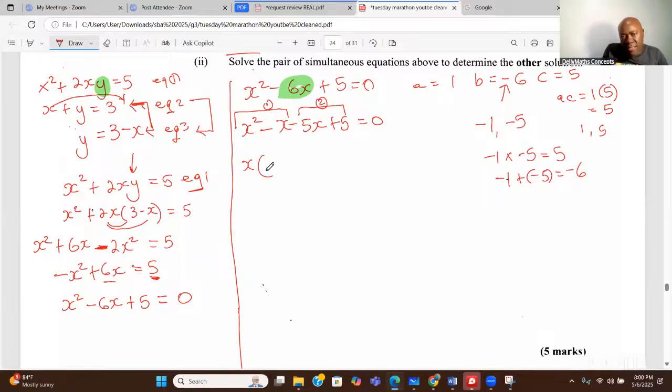I'm showing you everything that I skip. You'll divide this by x, then you divide that, so you're going to have x minus 1. And then for the other two, you'll take -5. So you divide this by -5 and divide this by -5. Now you'll get x minus 1.